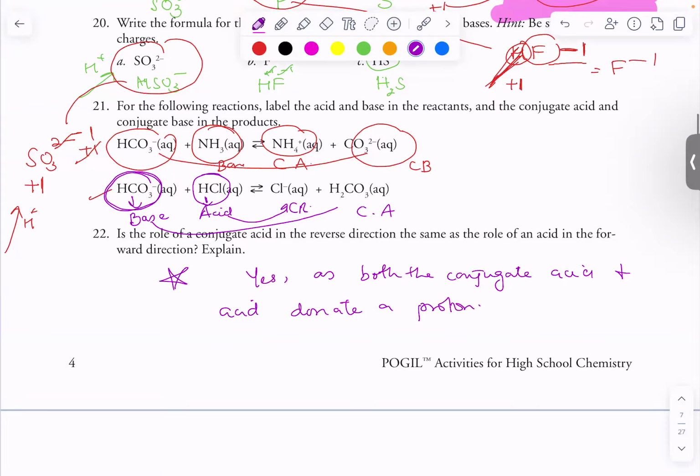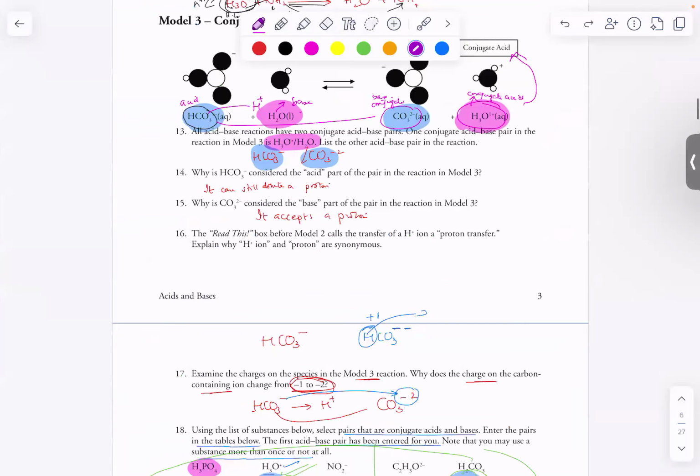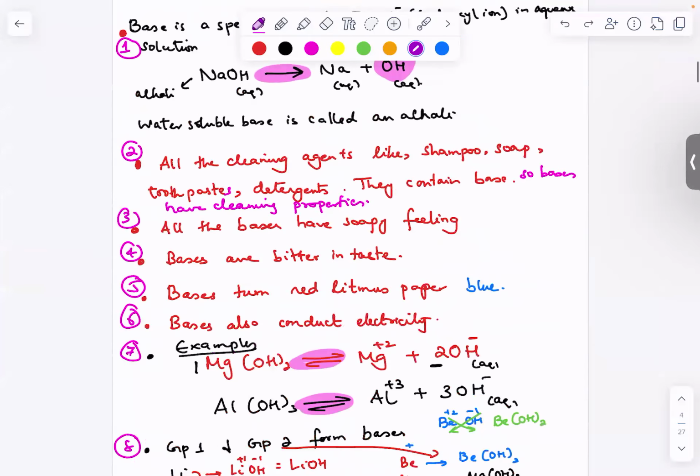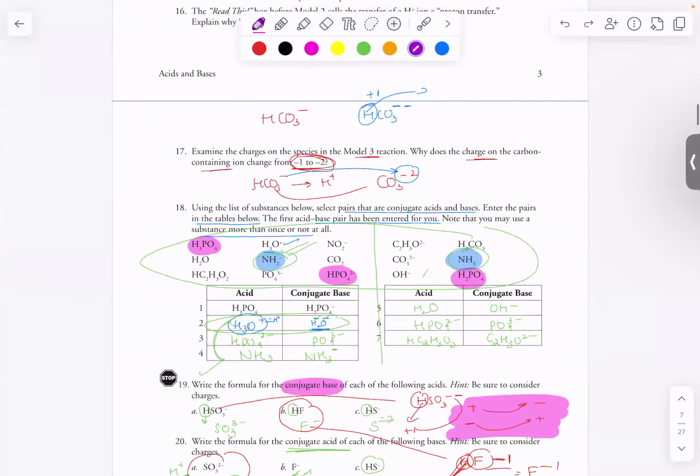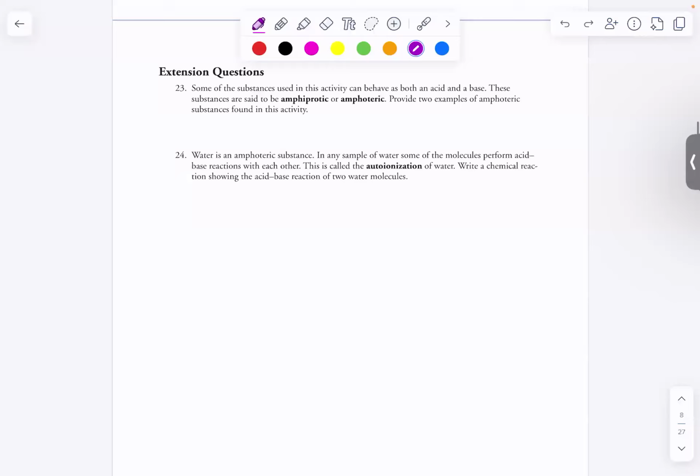Is it clear? Yes. So I hope that this whole worksheet is clear to you. Do try the extension question. Did your teacher ask you to do the extension question or not? No, he didn't, but I'll do them.